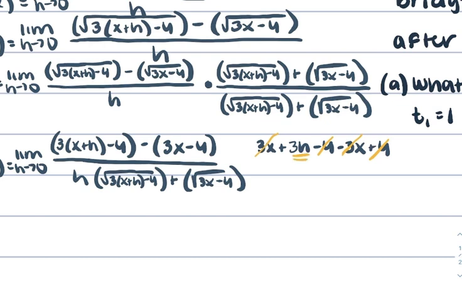But wait a minute, we can still cancel out this h and this h up here, because at that point it would just be 3h over h and some numbers. So in this case, we would be able to cross out the h's because there's no adding on the numerator side.